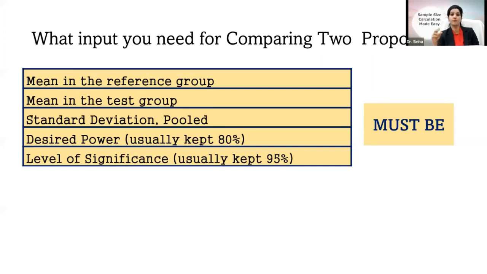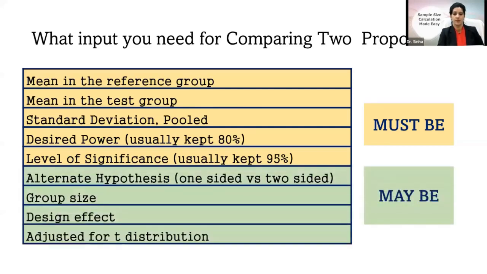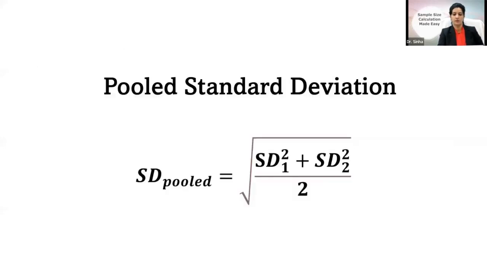Now here the concept of pooled standard deviation comes, and you may need to calculate this figure manually, because generally in literature this pooled standard deviation is not available. So you need to do it, and we will show you how. And then the desired power and level of significance, that you will know. And then again the alternate hypothesis is one-sided or two-sided. We have discussed this, so I'll go directly.